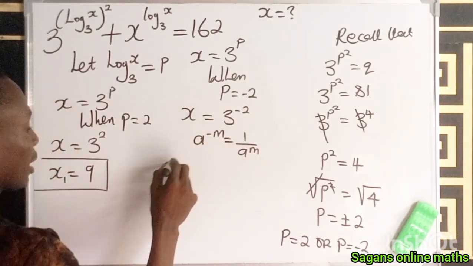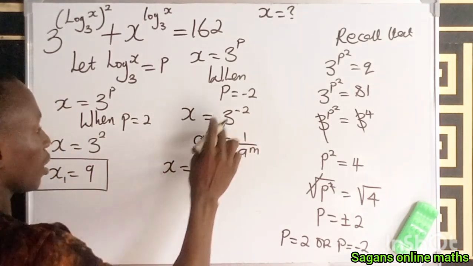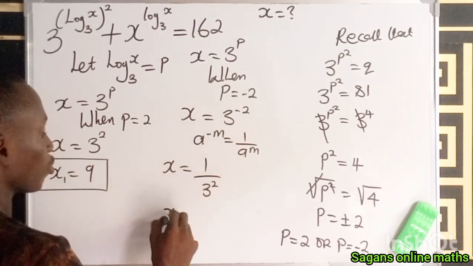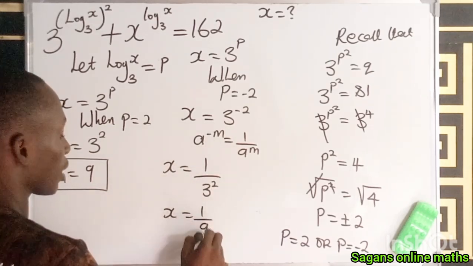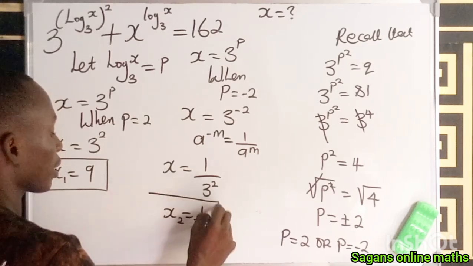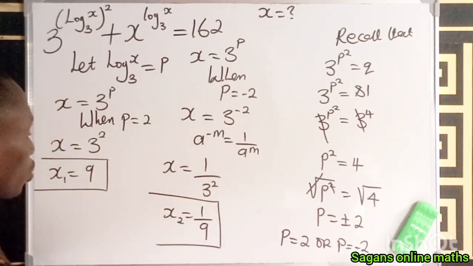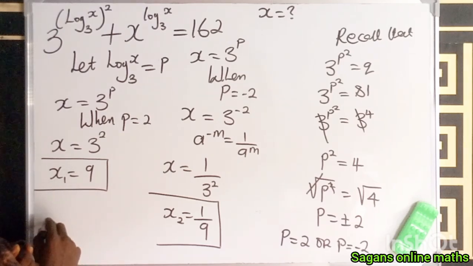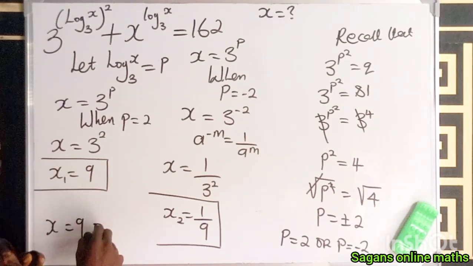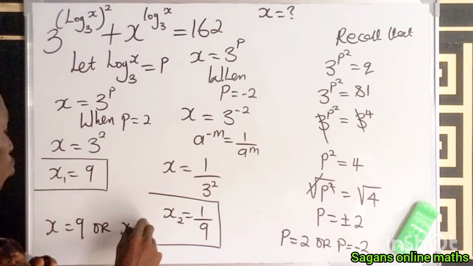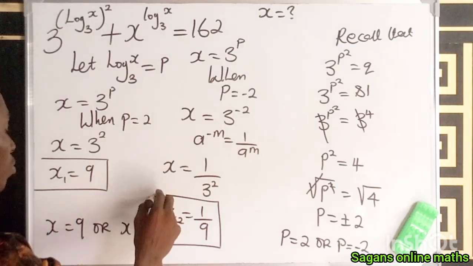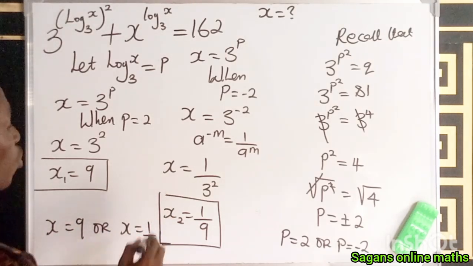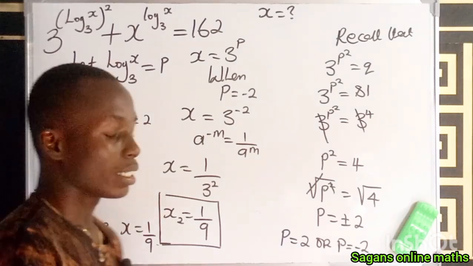So x is equal to 1 divided by 3 to the power of 2, so our x will be equal to 1 divided by 9. And this is another value of x that satisfies this equation. So x is equal to 9, or x is equal to 1 over 9. These are the values of x that satisfy this equation.